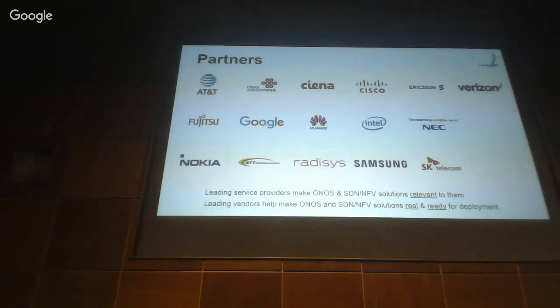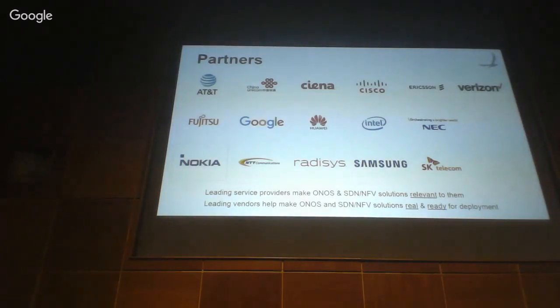Today we have a growing list of partners, organizations that have become official partners of ONE Lab. And as partners, and we'll talk about that later, they sit on our board of advisors.